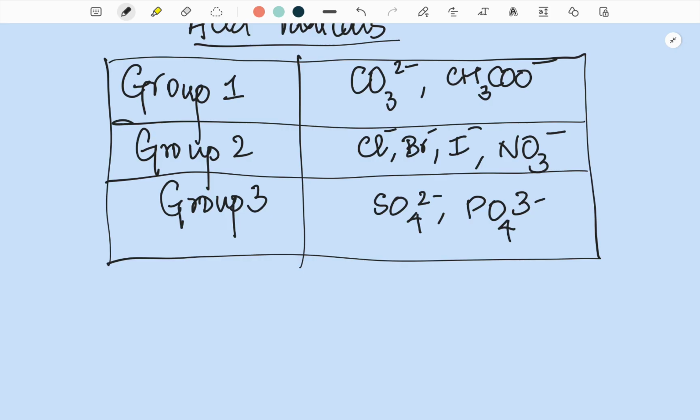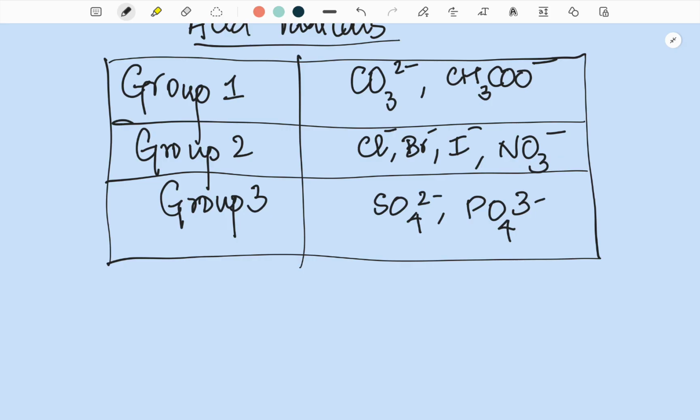So when we get a positive reaction for a particular ion, we can understand that that is the anion present in the salt. Once you identify the anion, of course you need to confirm your identification, because there are chances of error, maybe because of certain temperature conditions, or maybe you might have used the wrong chemical. We don't know what could have gone wrong, so there are slight chances of error in your observation.